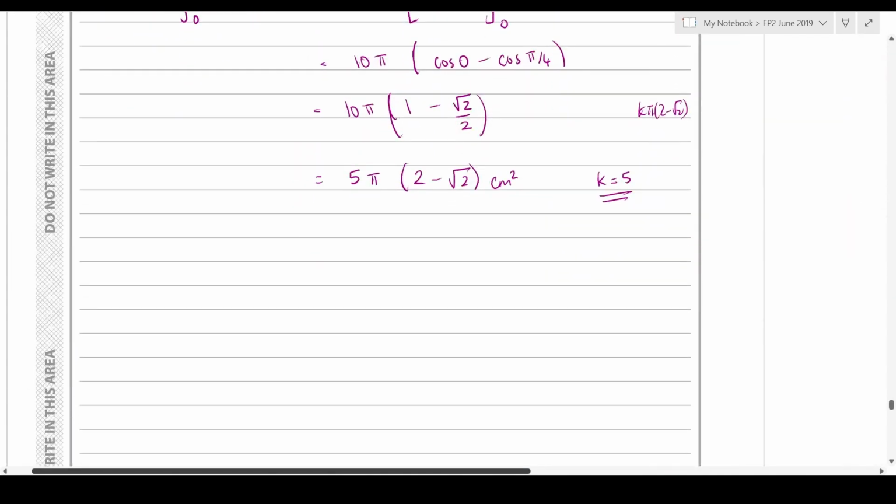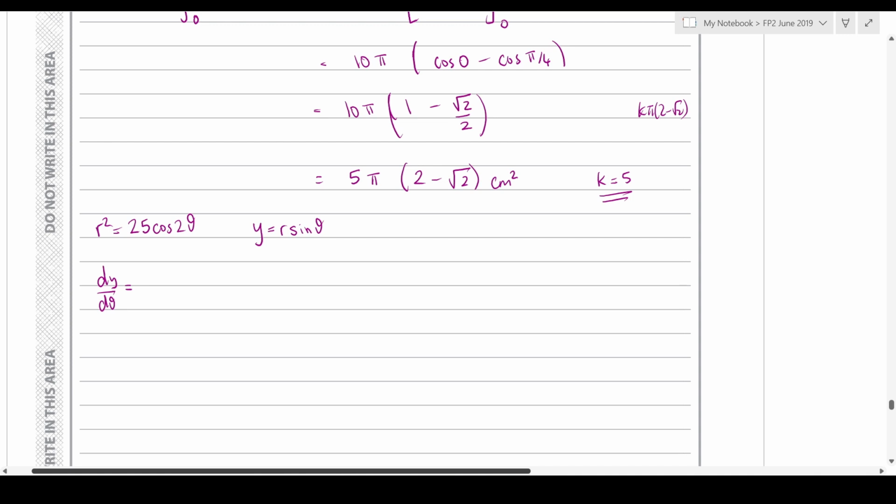So just to remind myself, we've got r squared equals 25 cos 2 theta, and we want to find the value of dy d theta. You might ask, where does y come into this? Well, x is r cos theta, y is equal to r sine theta. So dy by d theta, going to be a product rule here.